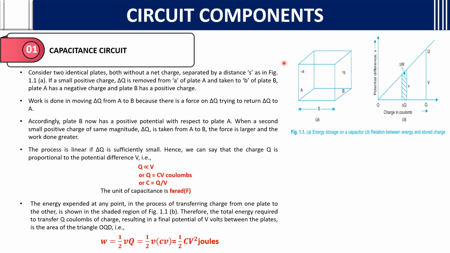Work is done in moving delta Q from A to B because there is a force on delta Q returning delta Q to A. What it is telling us is that work is done.